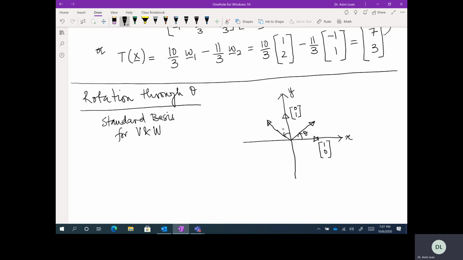This angle is also theta. Okay, same, looks the same.